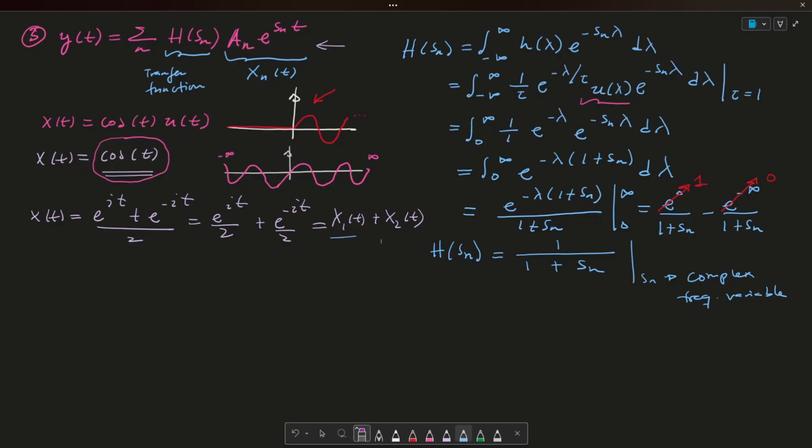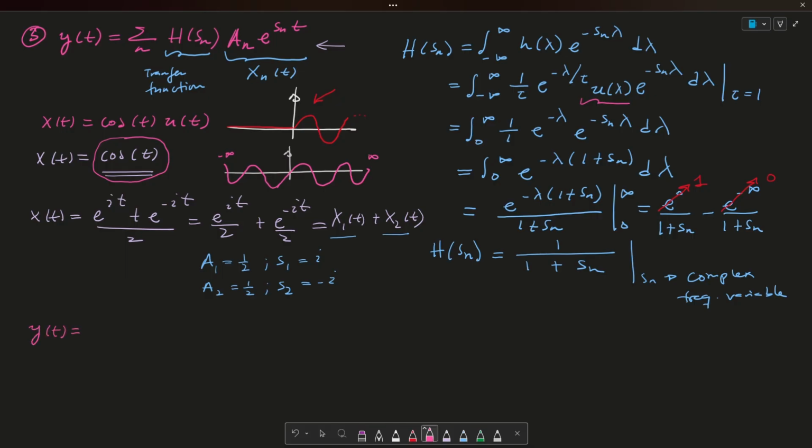So now what we can say is that x1 of t and x2 of t are written in this format here, right? Where in this case, a1 is equal to 1/2, s1 is simply equal to i, a2 is equal to 1/2, and s2 is simply equal to minus i. Let me go ahead and write the summation now for y of t.